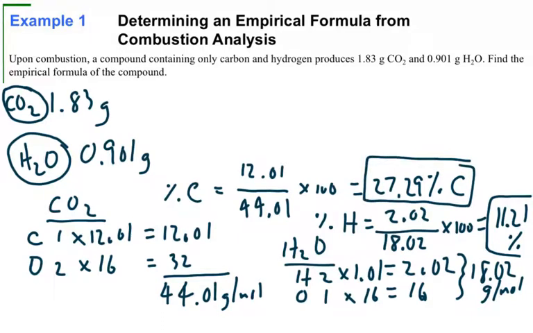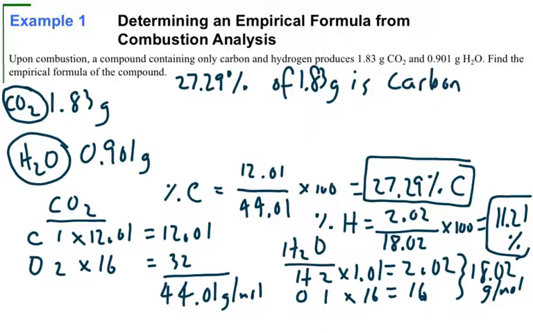Now watch how I'm going to use this data to figure out the grams of carbon and hydrogen for this problem. If you notice, 27.29% of the 1.83 grams is carbon.